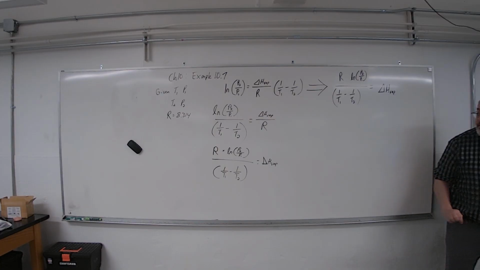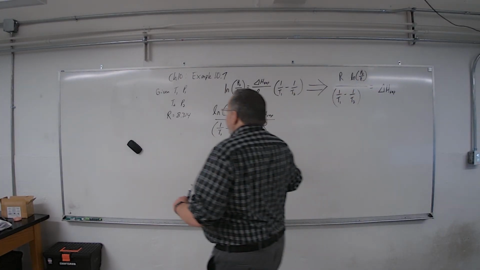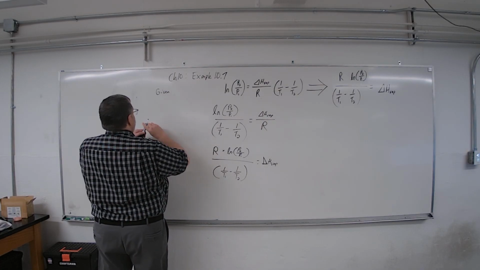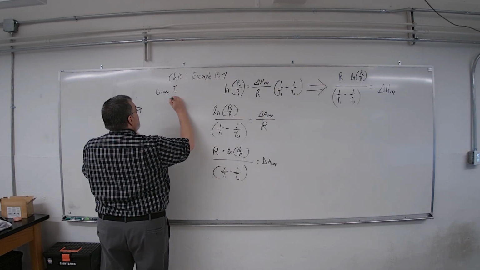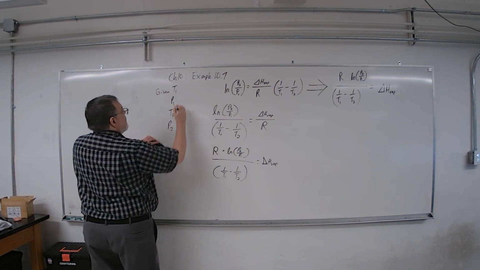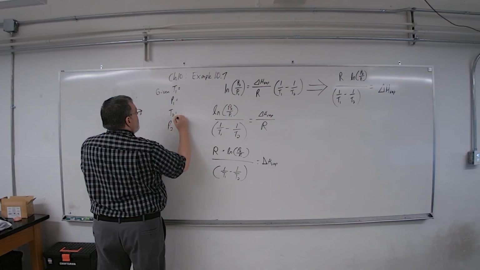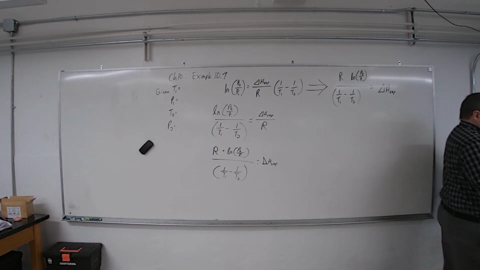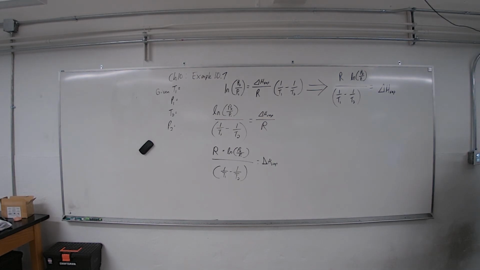Yeah, I was about to get there. All right, so we're using that equation, and we're given as values of this. This is what you would be given if you're solving one of these.